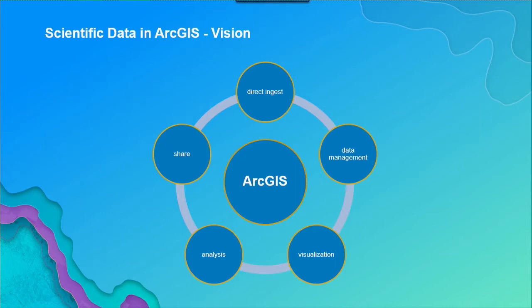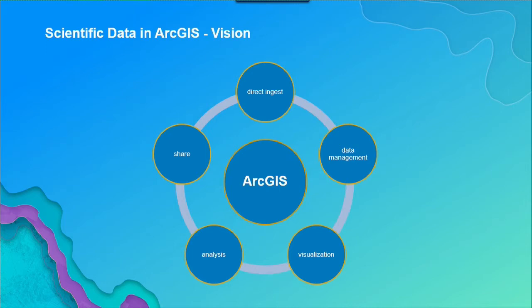We'll make it easier so that people can read it directly without any conversion. Very simple vision, right? That means you will be able to do everything that you do with your traditional shapefile, feature class or raster. You should be able to do those things with this data. That's the vision. So if you look at it, it starts from direct ingest, direct reading, no conversion.